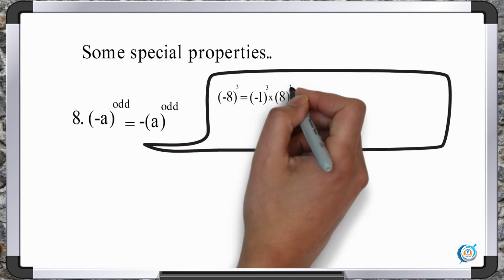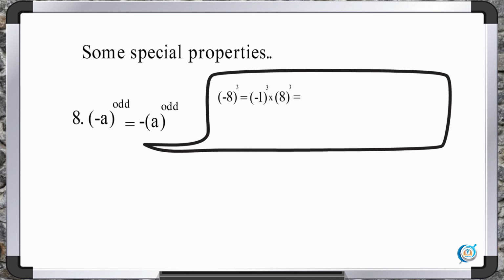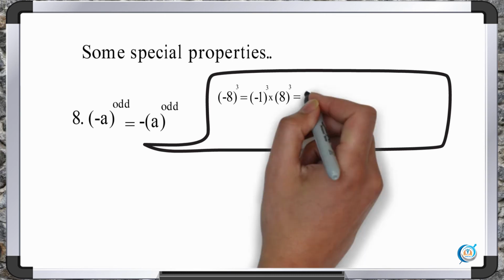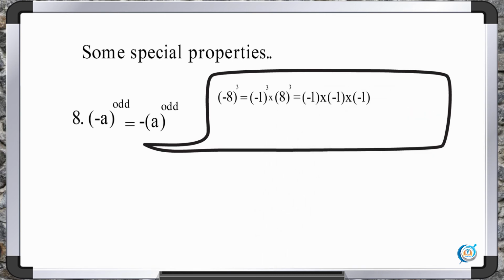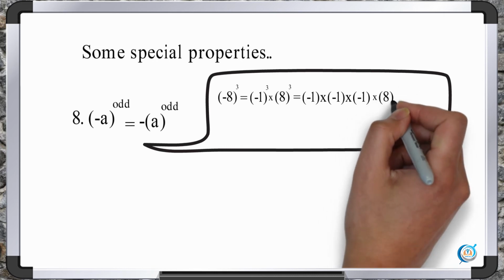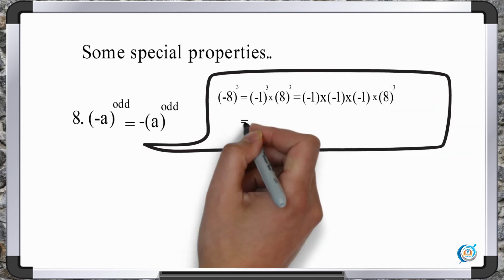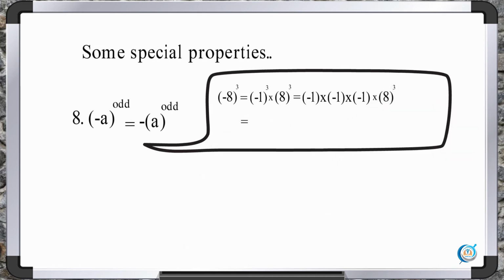So we can write it as (minus 1) cube into 8 cube. Minus 1 cube will be minus 1 into minus 1 into minus 1, and into 8 cube. So minus 1 into minus 1 will be plus 1, and again plus 1 into minus 1 will be minus 1 itself. So it will be minus 1 into 8 power 3, which is minus 8 power 3.